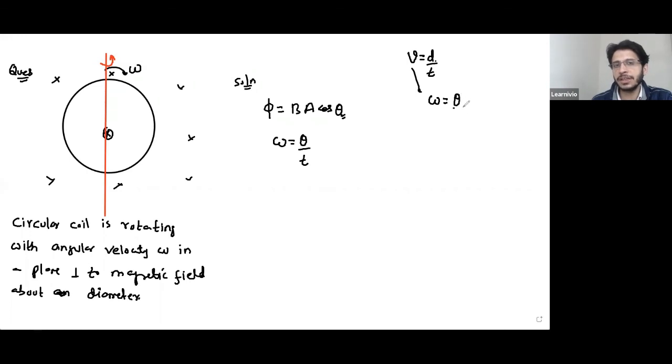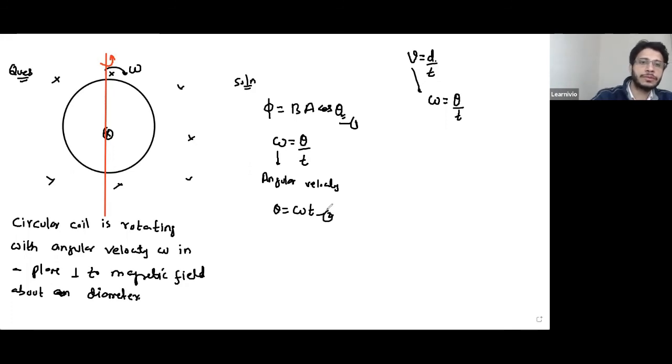Angular displacement is basically angle by time. So I'm using it here. Omega is the angular velocity with which the coil rotates. You can write your theta as omega multiplied by t. This is equation 1. This is equation 2. So I can substitute 2 in 1. When I substitute 2 in 1, your phi comes out to be BA cos omega t.